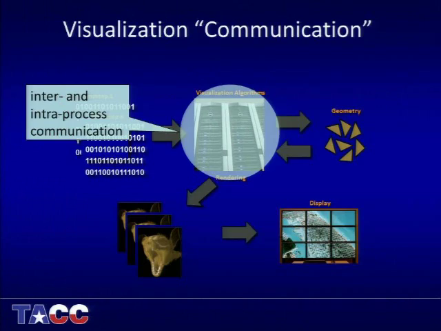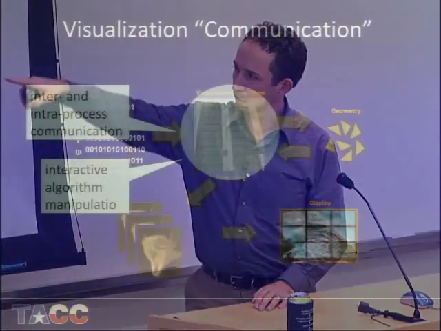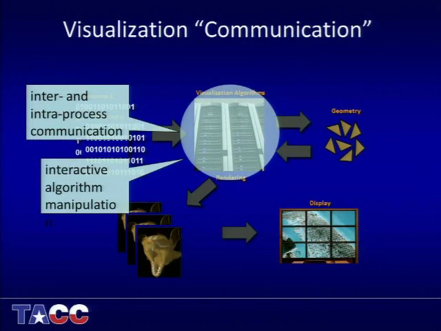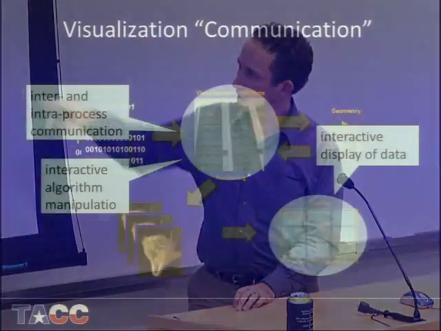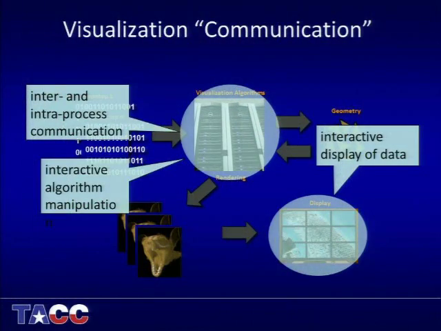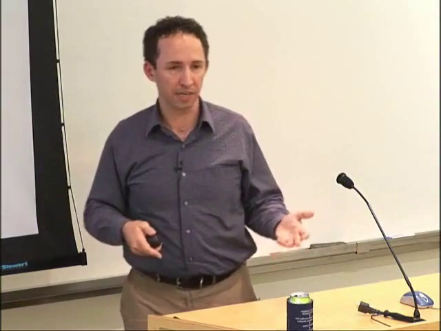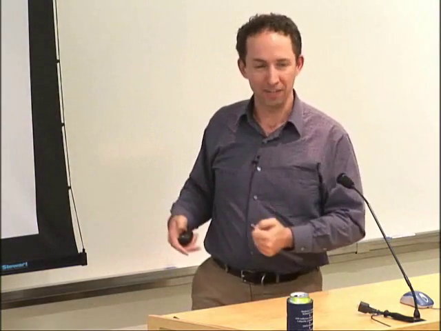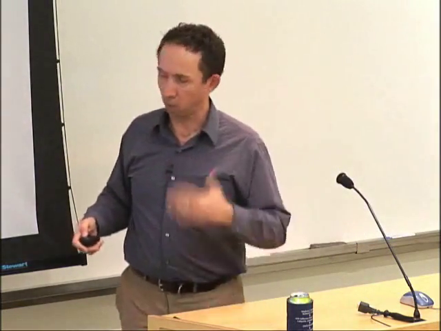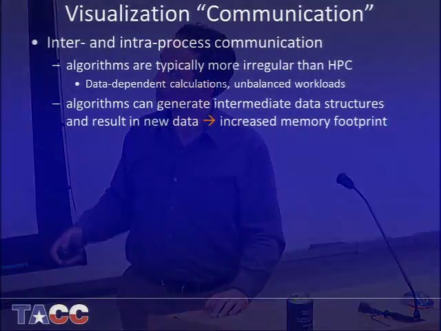So there's the same inter- and intra-process communication. There's interactive algorithm manipulation. Think of changing the ISO value in an isosurface. And then there's also interactive display of the data. So all this process typically has to happen in, say, a 20th of a second for just interactive, or a 60th of a second if you want really high performance interaction.